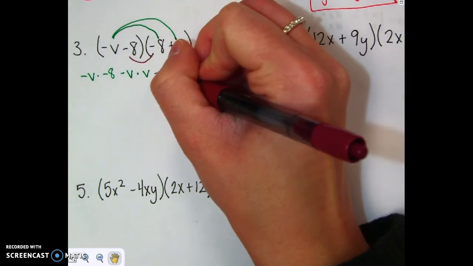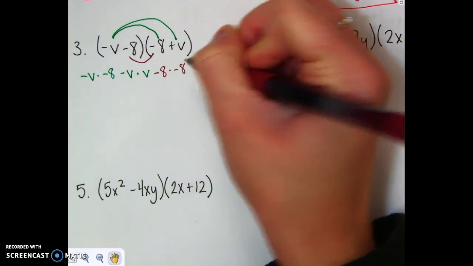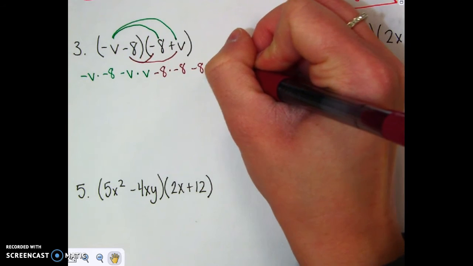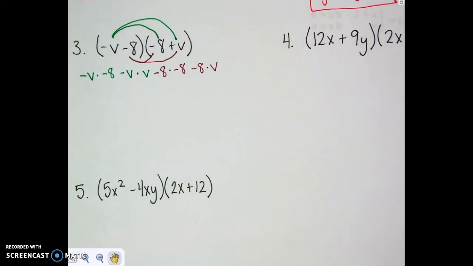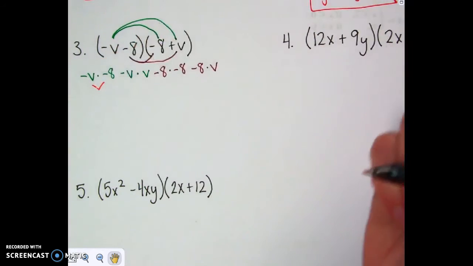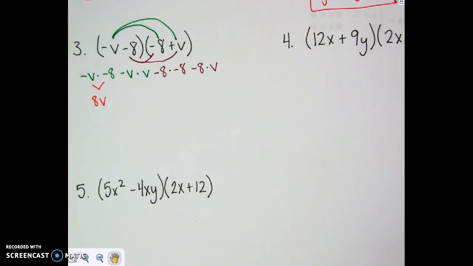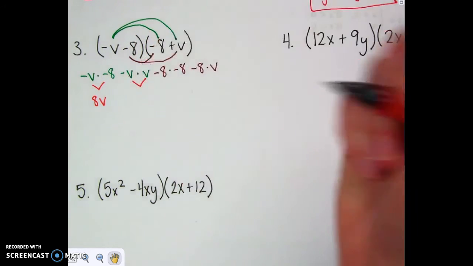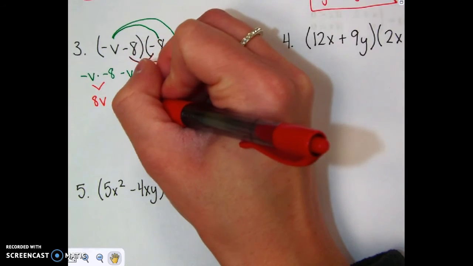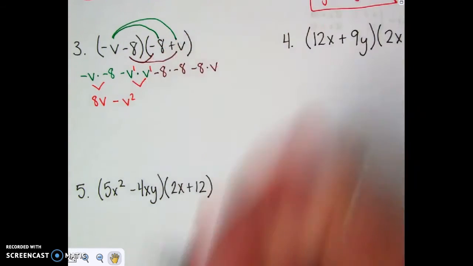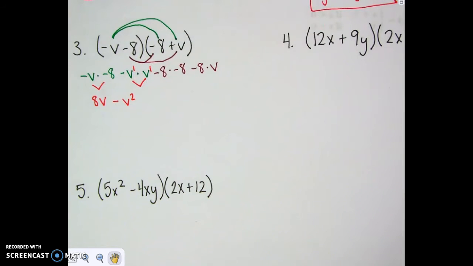This is going to be negative 8 times negative 8 and negative 8 times v. You multiply. Negative v times negative 8, that's going to be a positive 8v. These two right here, that's going to be a negative v. 1 plus 1 is 2, so that's negative v squared.